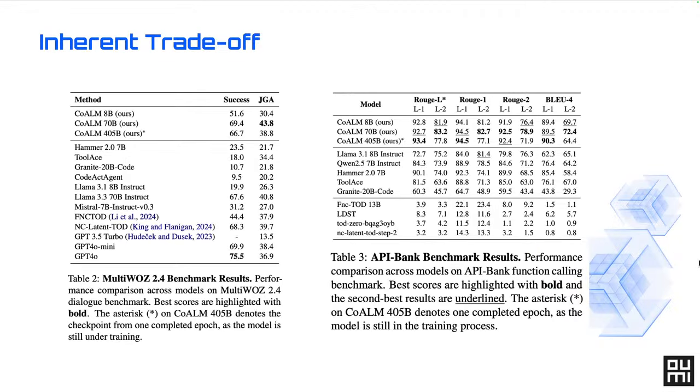Okay, but I want to make the point here that there's an inherent trade-off. Typically the way large language models have been defined, they may be good for one or the other, but not really excel at both.